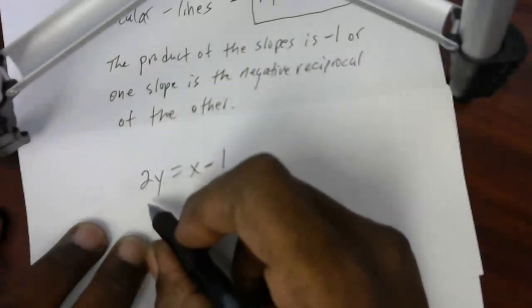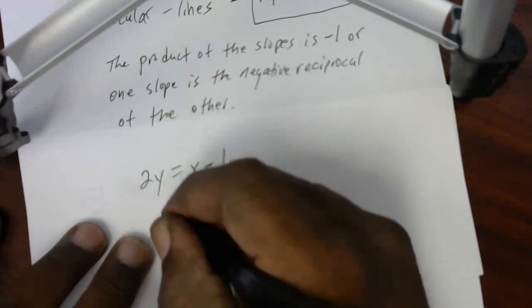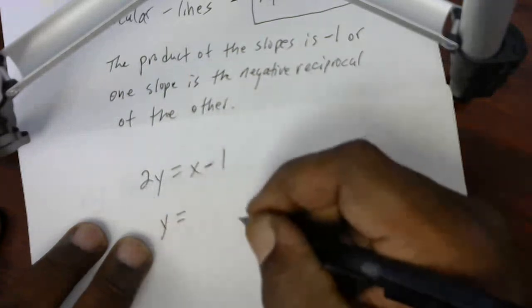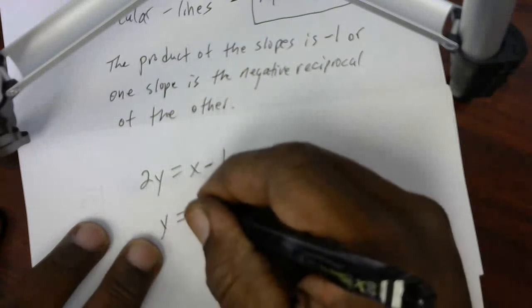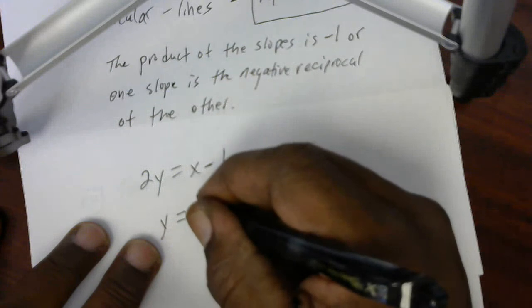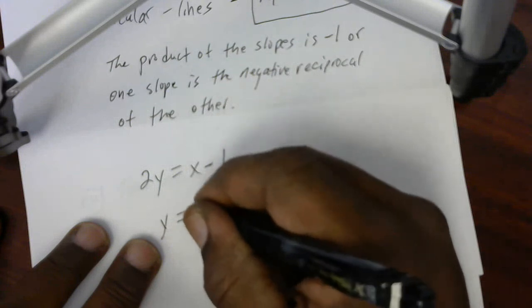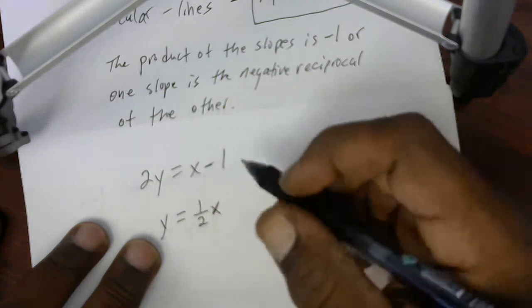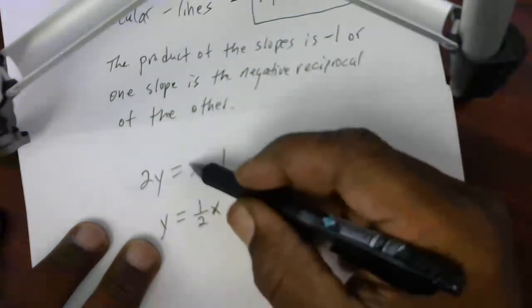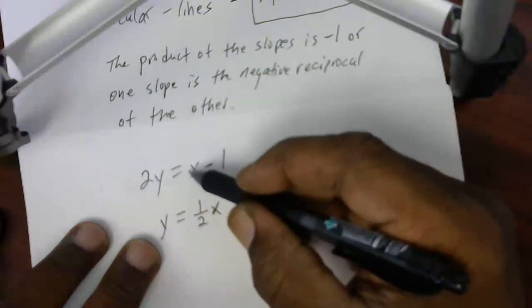So if I divide the left-hand side by 2, those 2's are going to cancel. I'm left with y. If I divide x by 2, I have x over 2, or 1/2 x, right? Because x has a coefficient of 1.